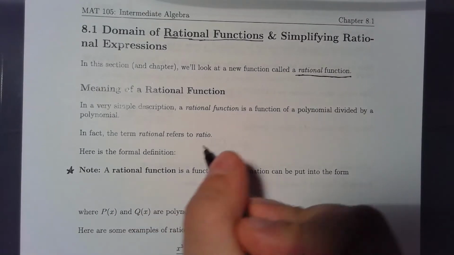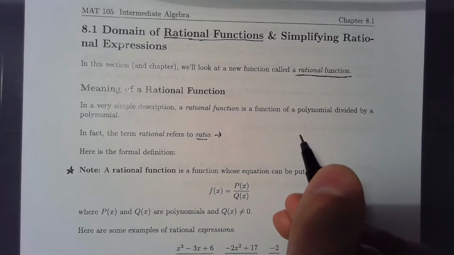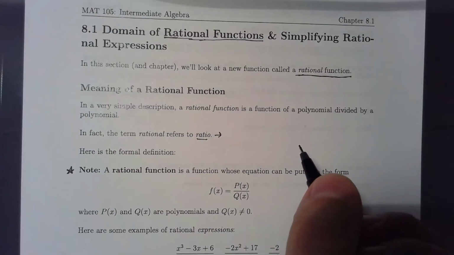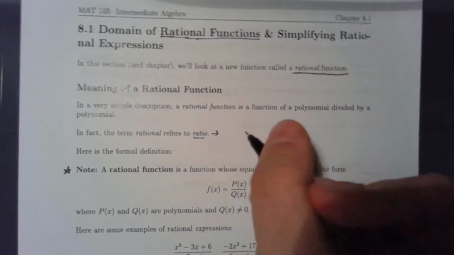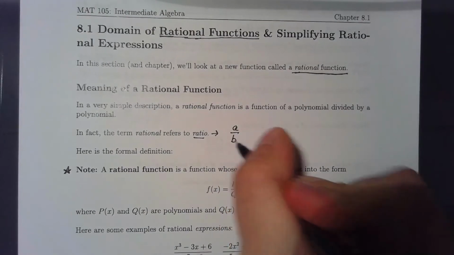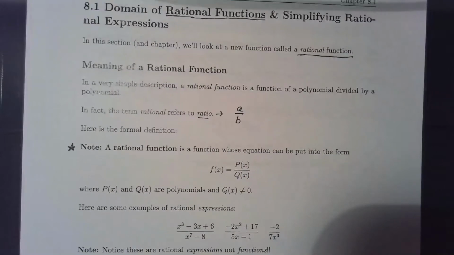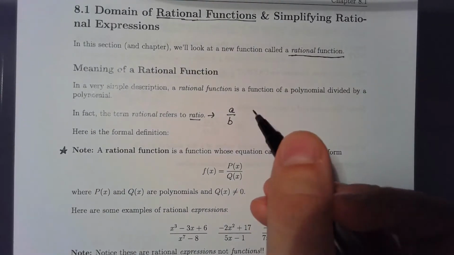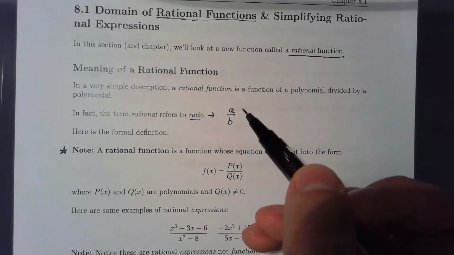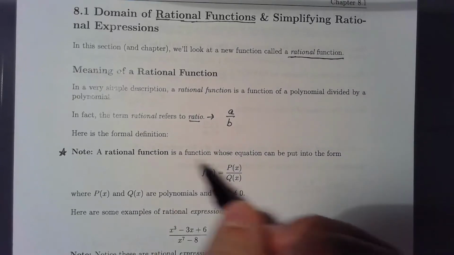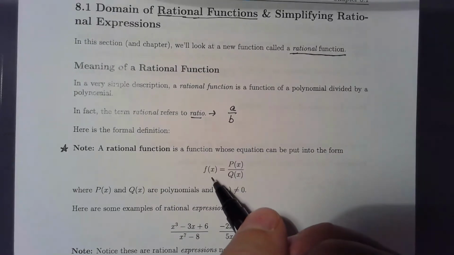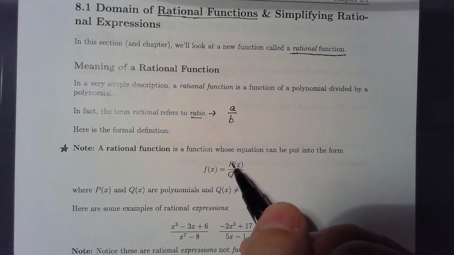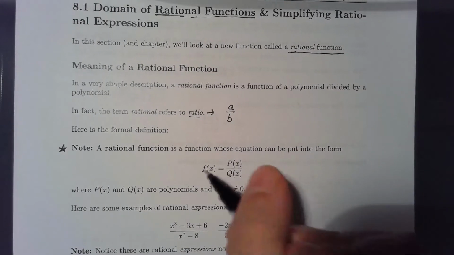And we kind of did this a little bit earlier in the course, but a ratio is just the comparison of two quantities, A over B. But the difference here is that A and B are going to be replaced with polynomials. So basically all a rational function is a function that could be written like this.